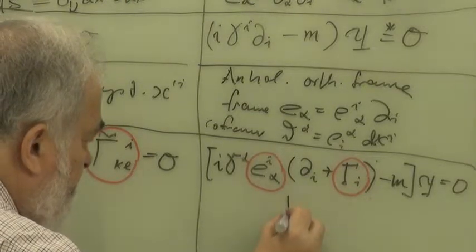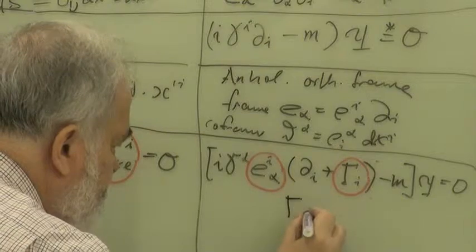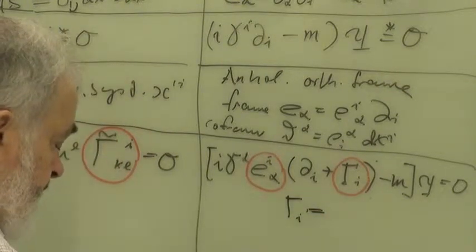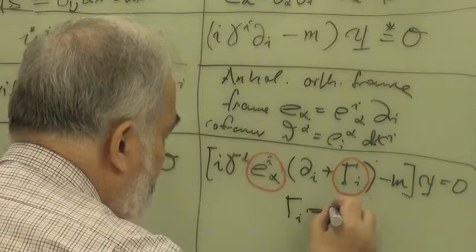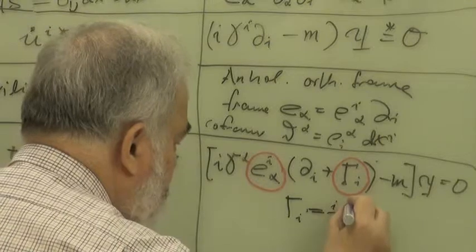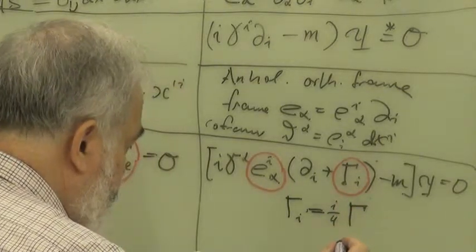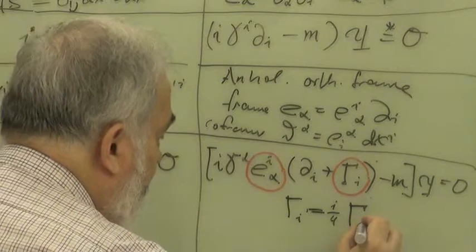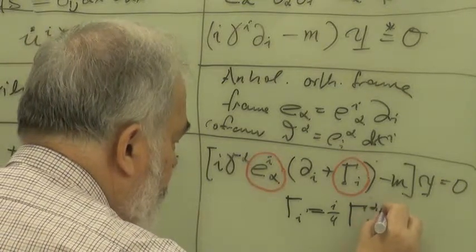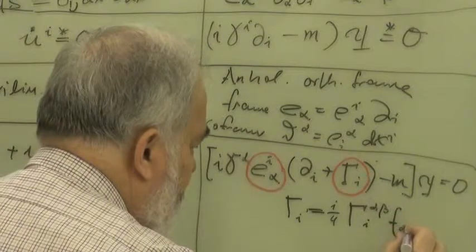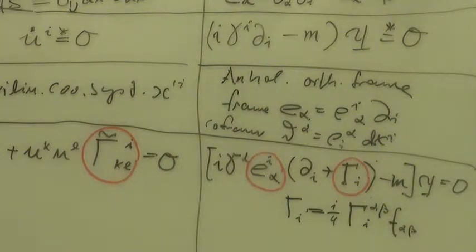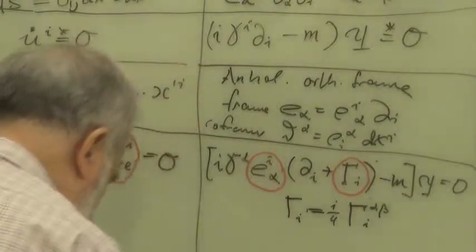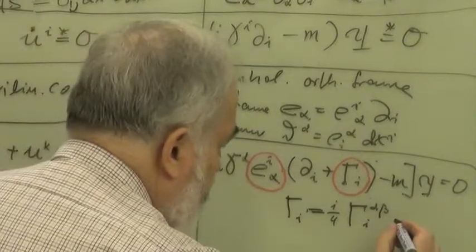The Lorentz connection, gamma I, is defined, if I take the usual conventions, as i over 4 times gamma, the connection, I alpha beta times F alpha beta, where alpha beta for the spinor are just the sigma matrices. So I can better take here the sigma matrices.